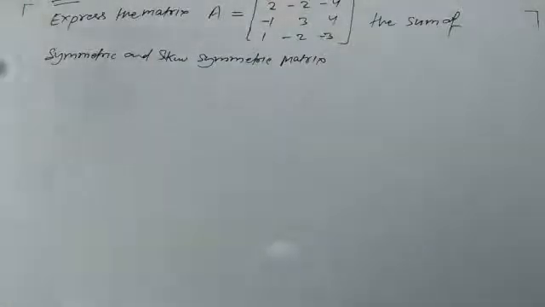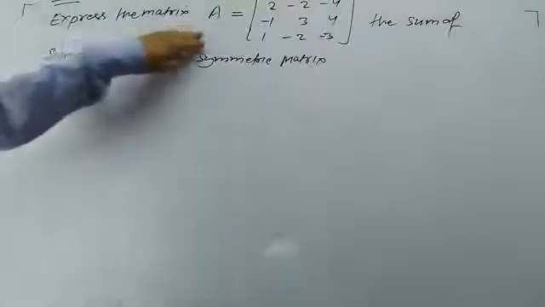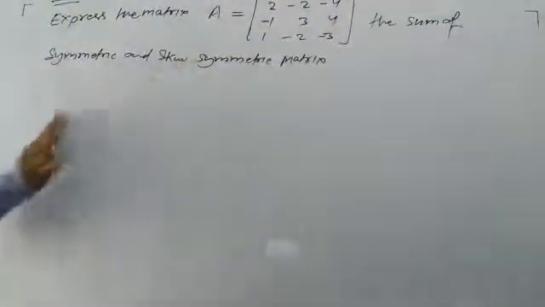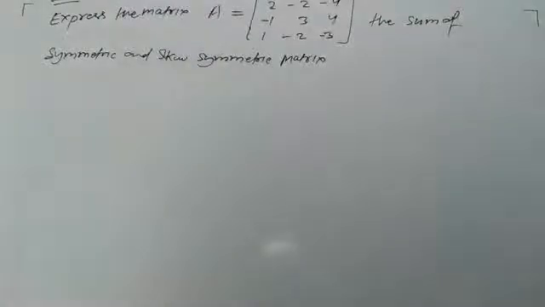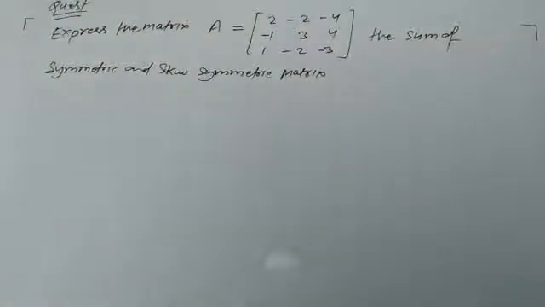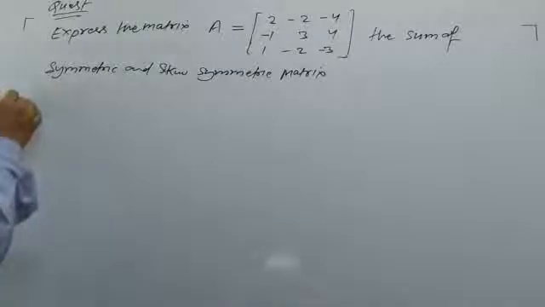Now see the question. Express the matrix A as the sum of a symmetric and a skew symmetric matrix. So first of all, we have to find their transpose. Solution.